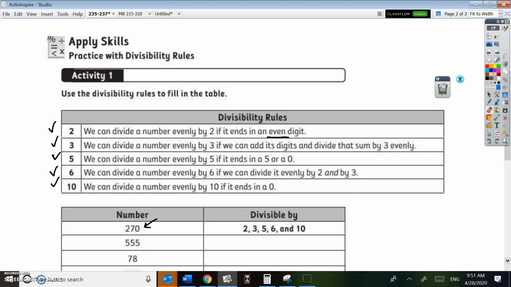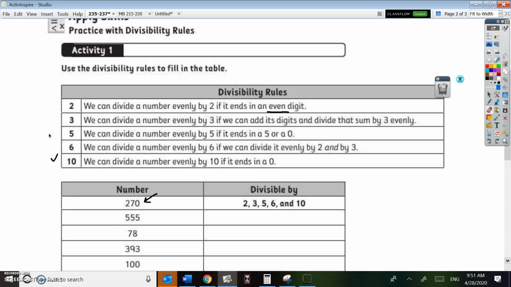555. Is it even? No, it's not even. So it's not divisible by 2. We can divide a number evenly by 3 if we can add its digits and divide that sum by 3. So 5 plus 5 plus 5 is 15. 15 divided by 3 is 5.